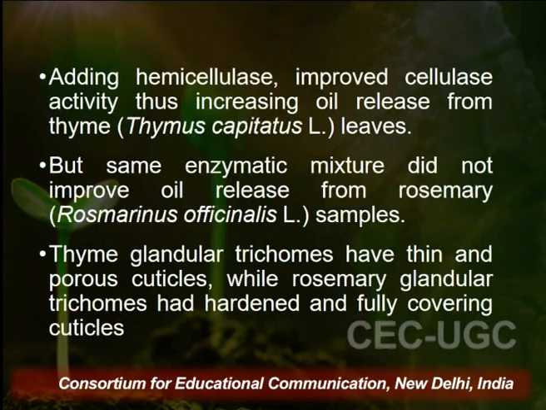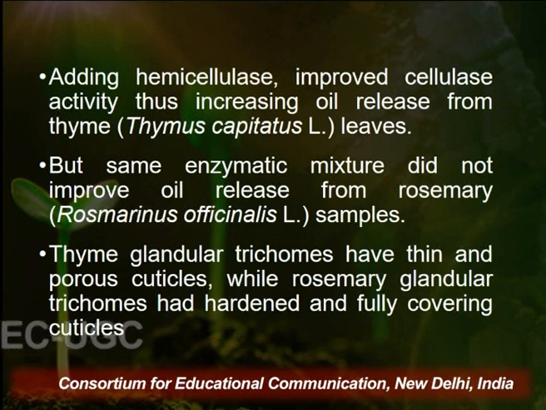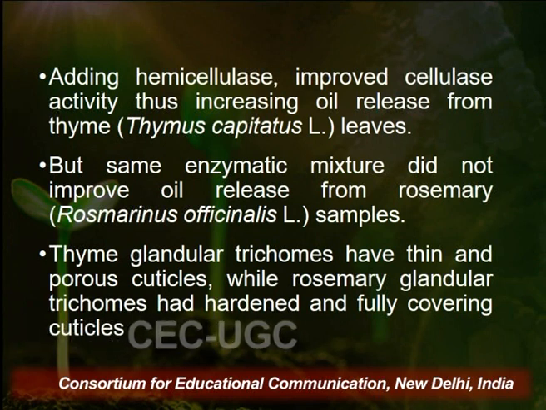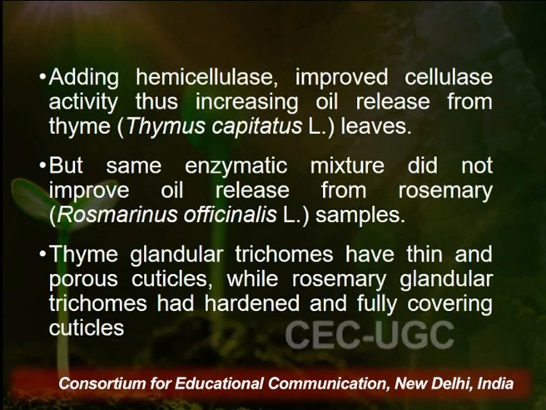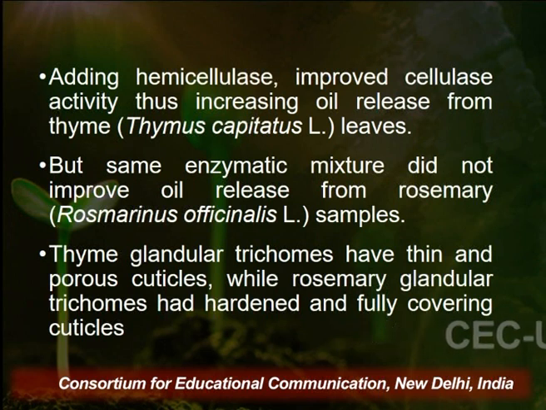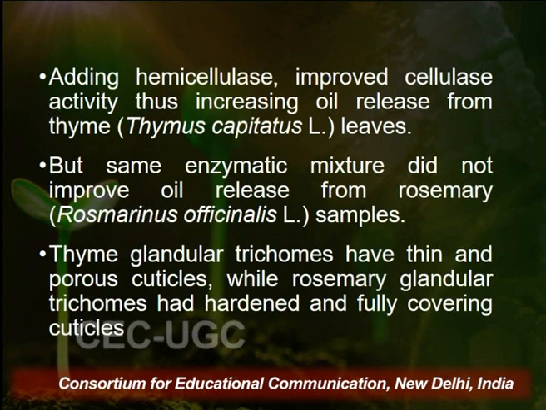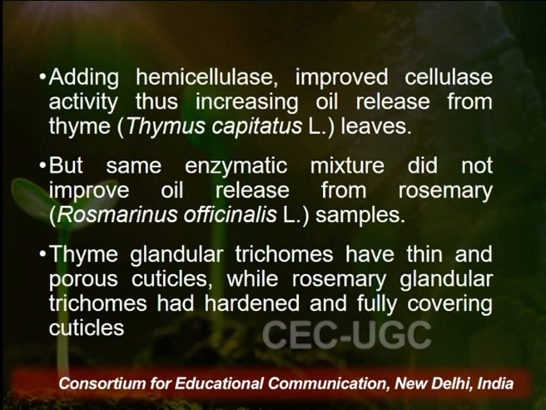When they further studied the reason behind it, they found that the glandular trichomes in which the oil was stored, in the case of thyme, were covered with a very thin and porous layer of cuticle. Since the cuticle layer was porous, the pores allowed the enzymatic mixture to enter and hydrolyze the wall, thereby releasing the oil and increasing the extracted yield.